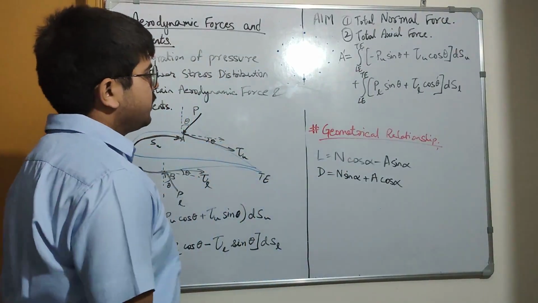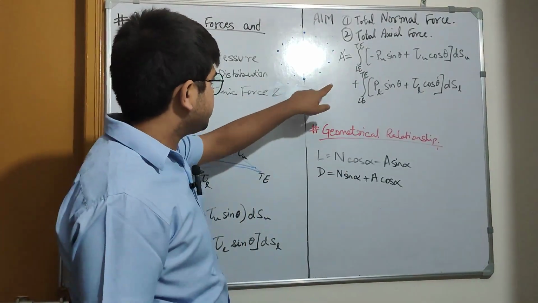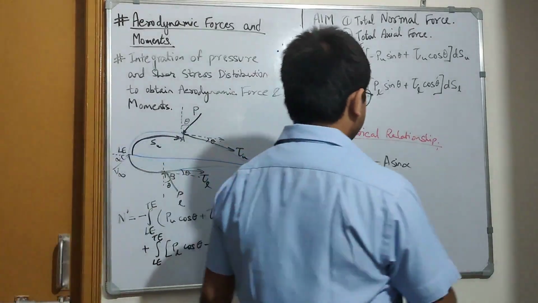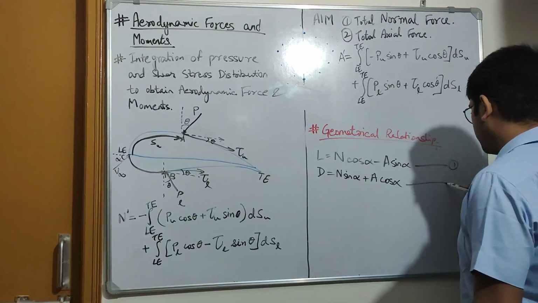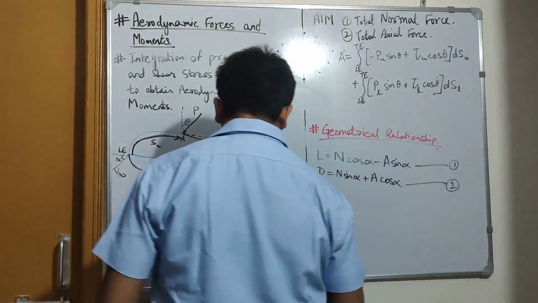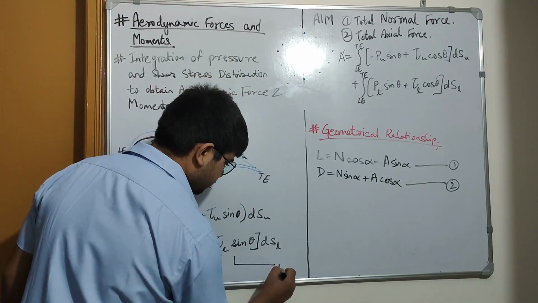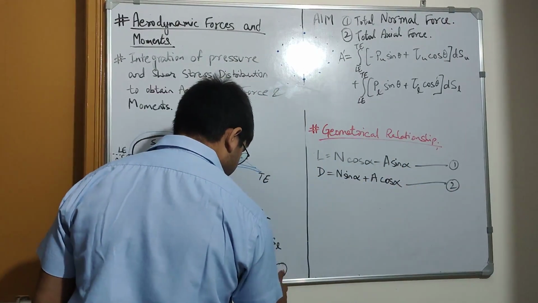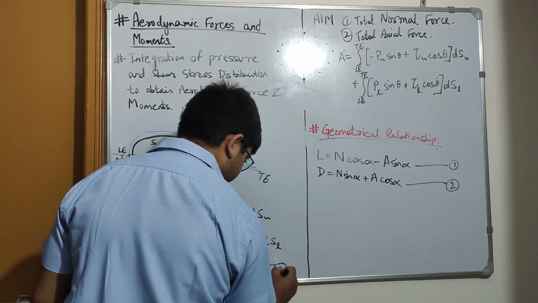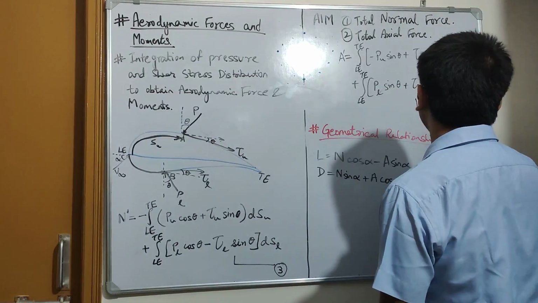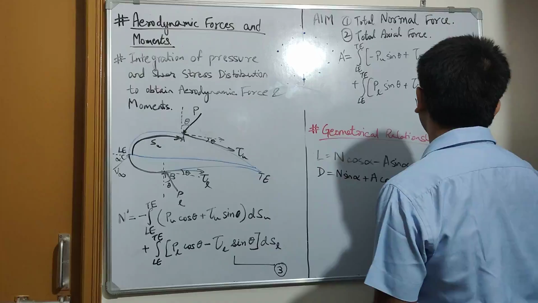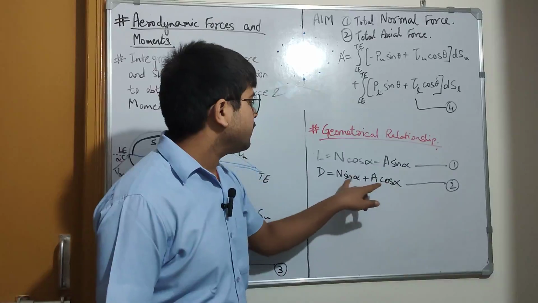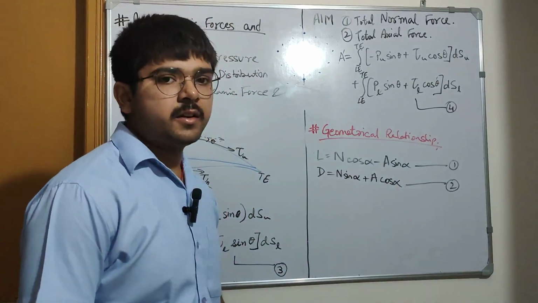Now if we substitute these two equations in our equation number one, this is 1, this is 2, this one is 3, and this one is 4. So if we substitute 3 and 4 in 1 and 2, we will get the total lift and drag.